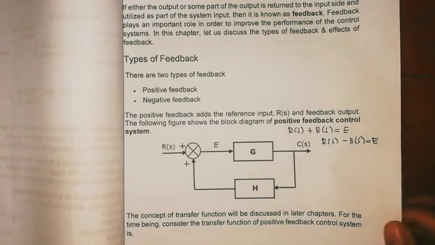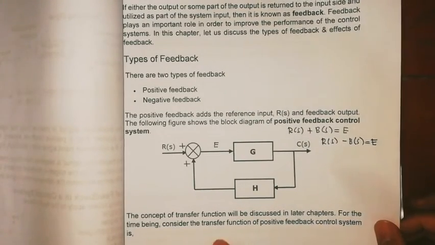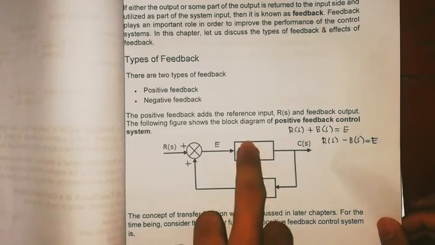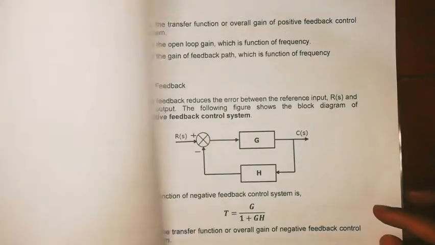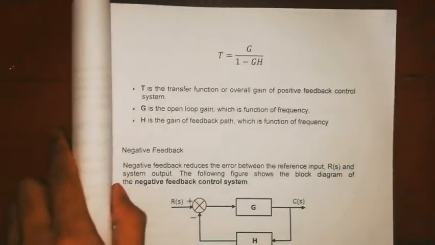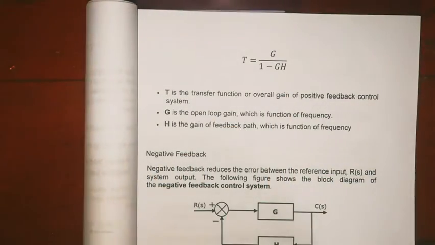So for positive, T is equals to G times H. Yan, G times H. Then 1 minus G of H for positive.